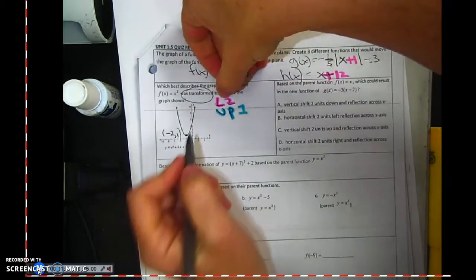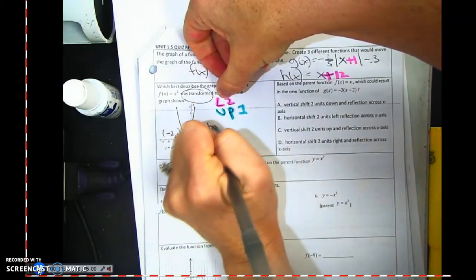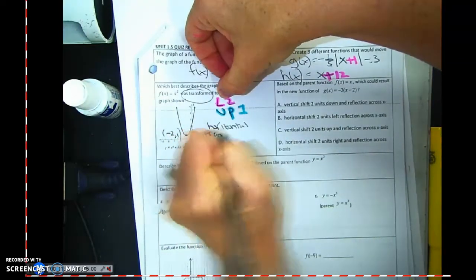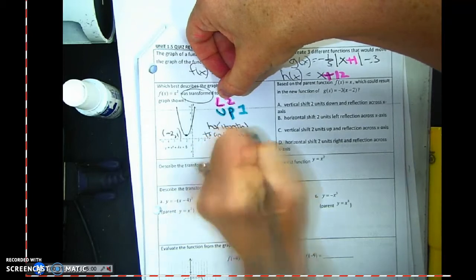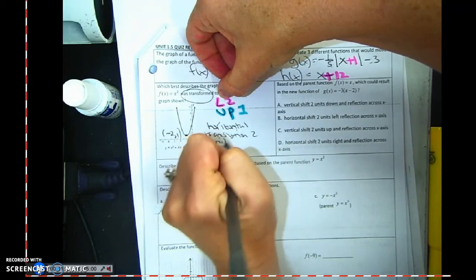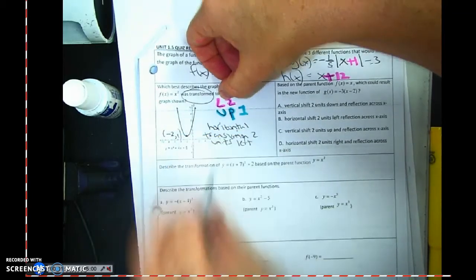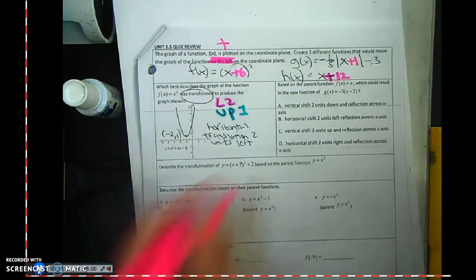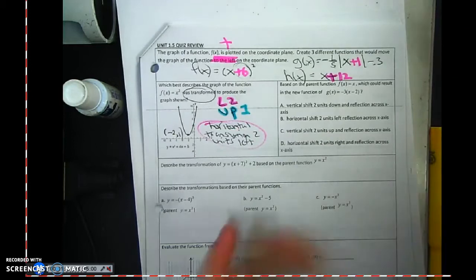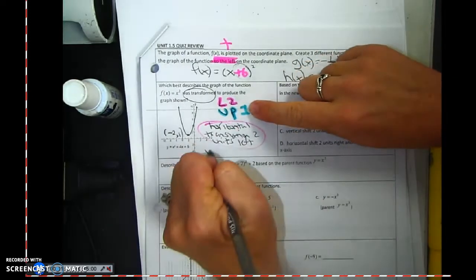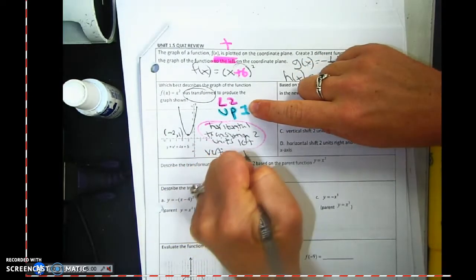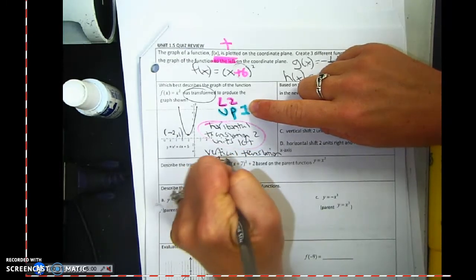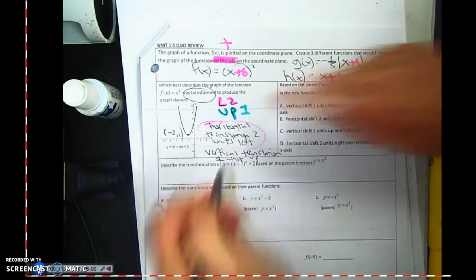So for this I would say horizontal translation 2 units left. And then for vertical, for the blue, up 1, I would say vertical translation 1 unit up.